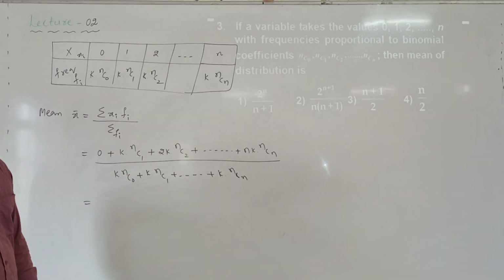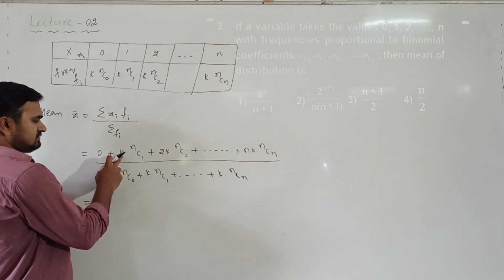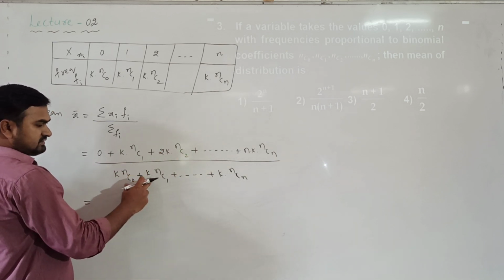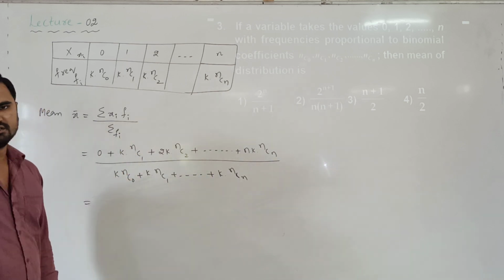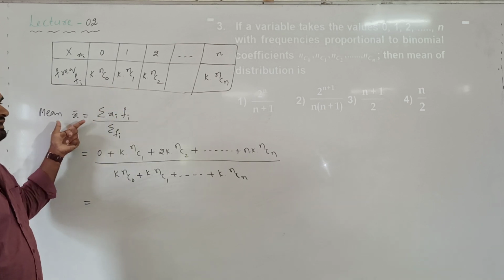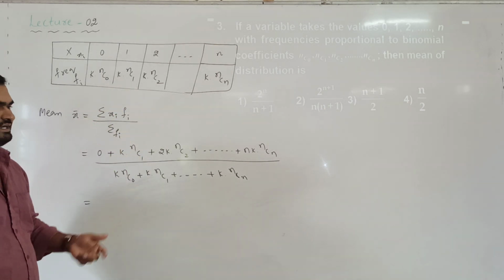So we have to find this value. The first term is 0. Now in the numerator we can take k common, and in the denominator also k common, so it will get cancelled. Whatever the proportionality constant k is, it does not affect the mean because it gets cancelled.